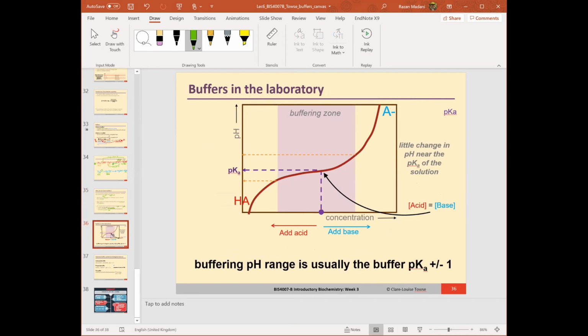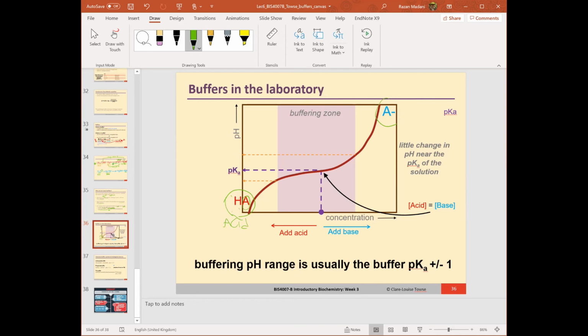Now we have buffers in the laboratory. So we have HA, that's our molecule. Remember we said it's acting as an acid because it has donated the H. So we have our acid.